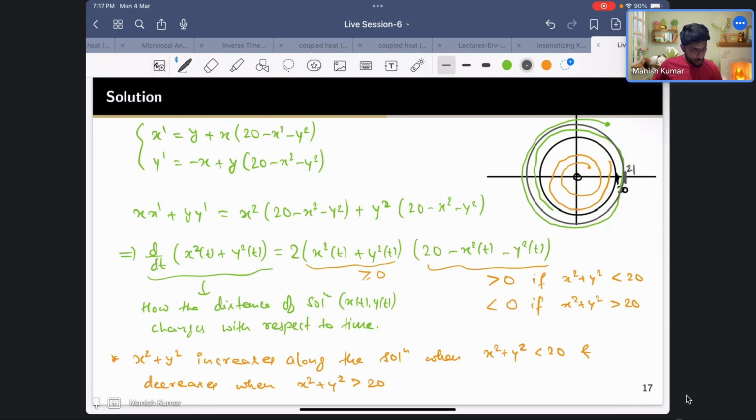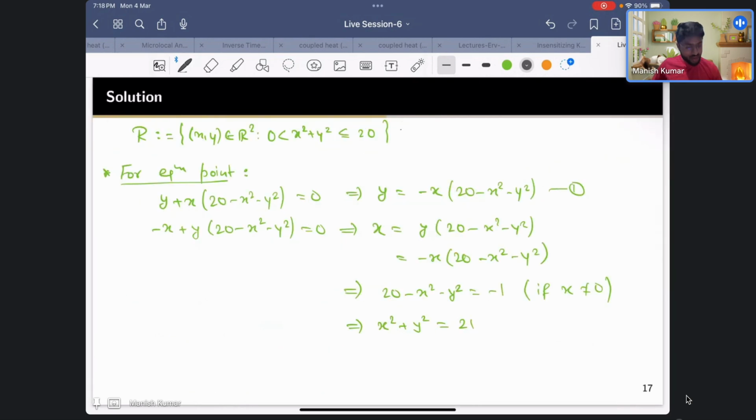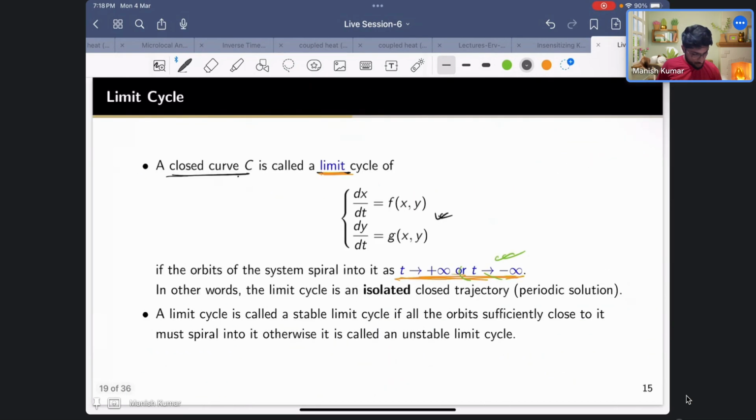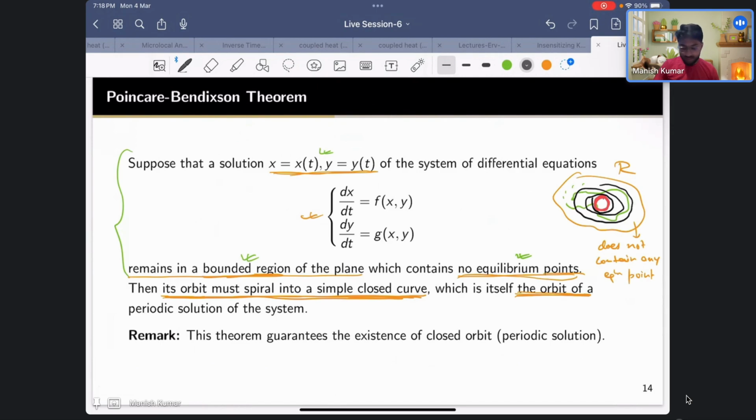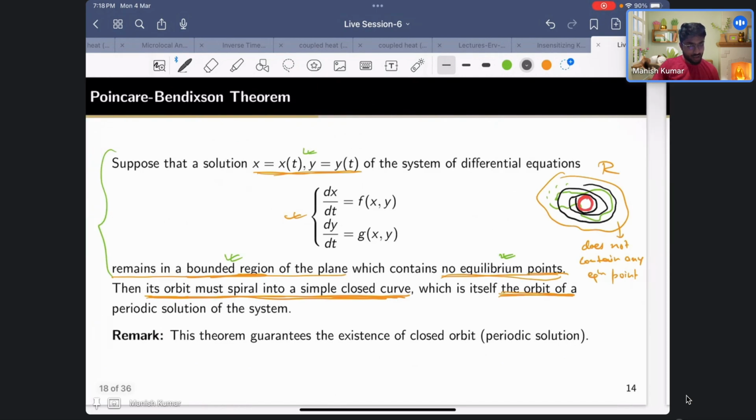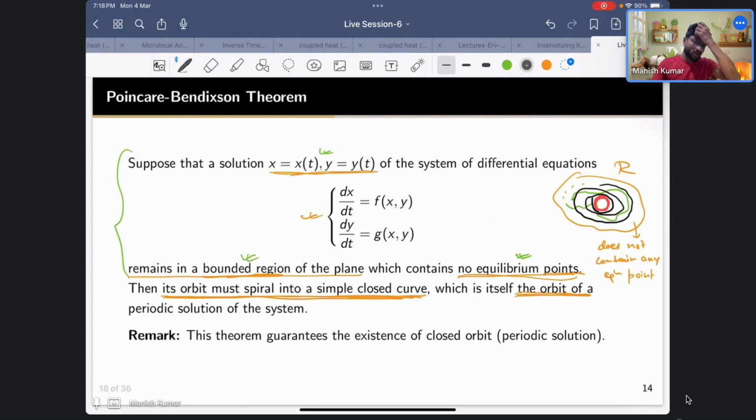So this region does not contain any equilibrium point at all. That means from this theorem we have found one bounded region, that is this R which we have defined, x square plus y square greater than 0 and less than or equal to 20. In that region there is no equilibrium point, and so this theorem guarantees us that it will contain one closed orbit, and any orbit will converge to that closed orbit, right? This is what this theorem guarantees us.